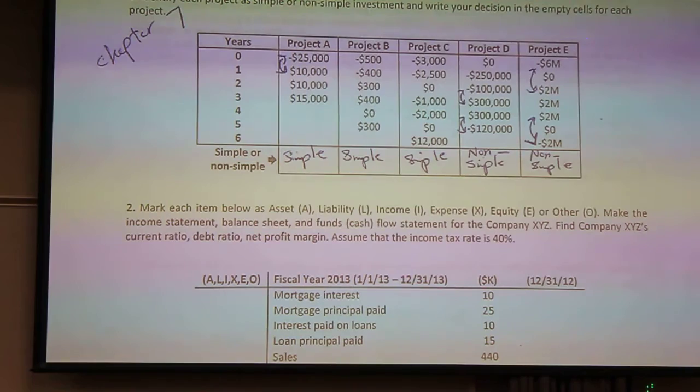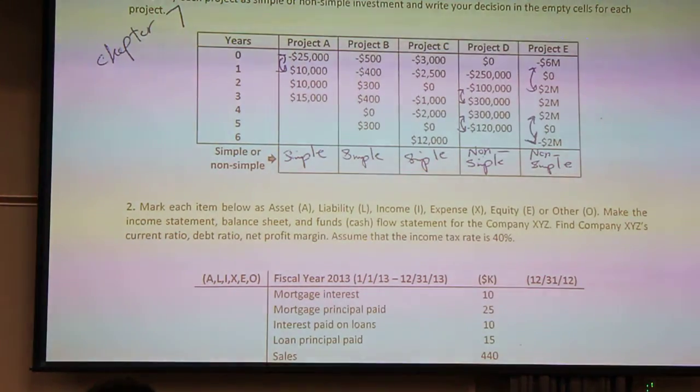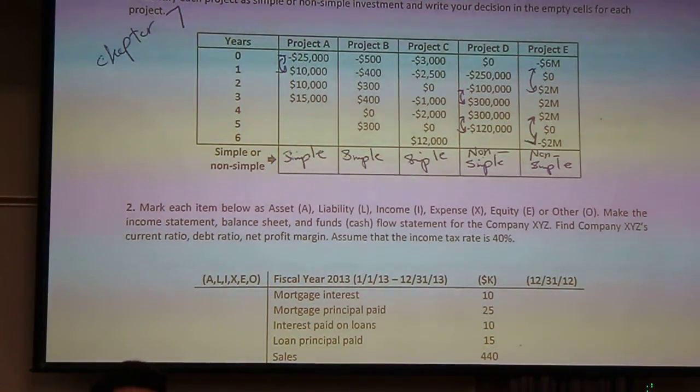So what is special about non-simple and simple investments? First of all, let me ask you this. These are all investments. Why? Because you have a negative sign at the start. You're making the payment at the very beginning, in time 0.